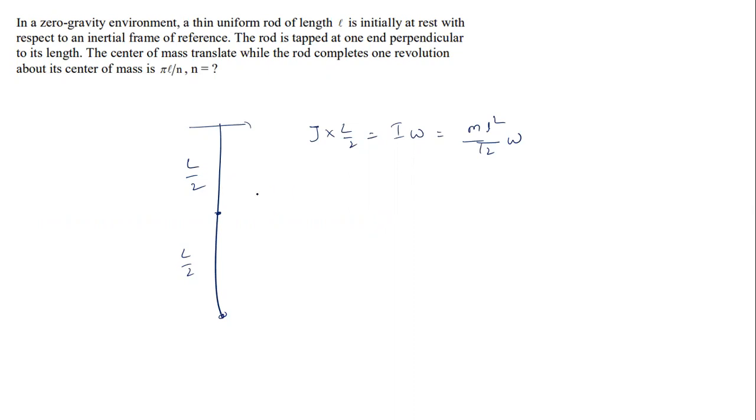Next, for the impulse, what do you get? J is equal to the change in momentum, M into VC, the center of mass velocity. If you divide these two, what do you get?